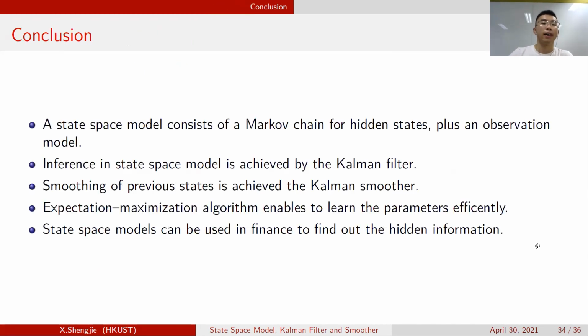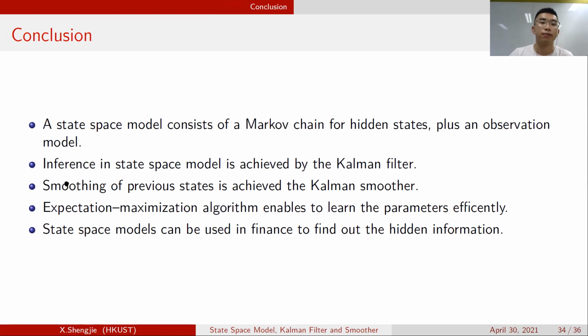And I think this is all of today's tutorial, and I will give you a conclusion. The first is that we talked about the state-based model. It consists of a Markov chain of hidden states that follow Markov properties, plus an observation model, which is how we observe from the state.